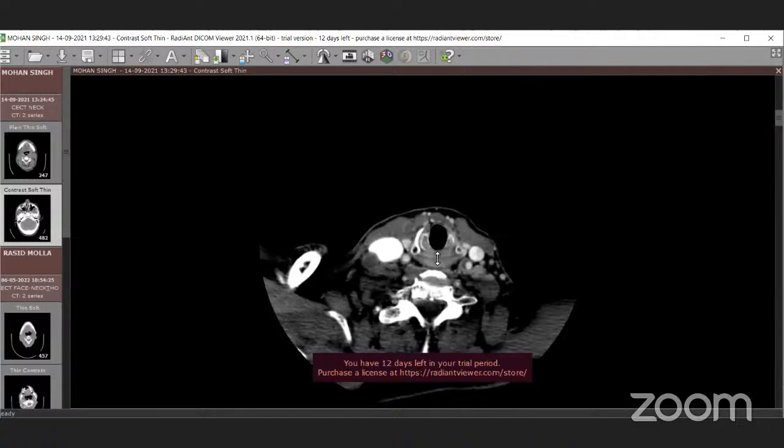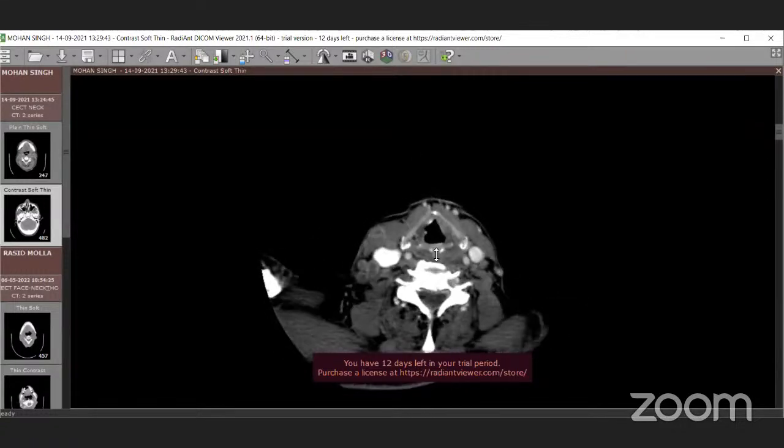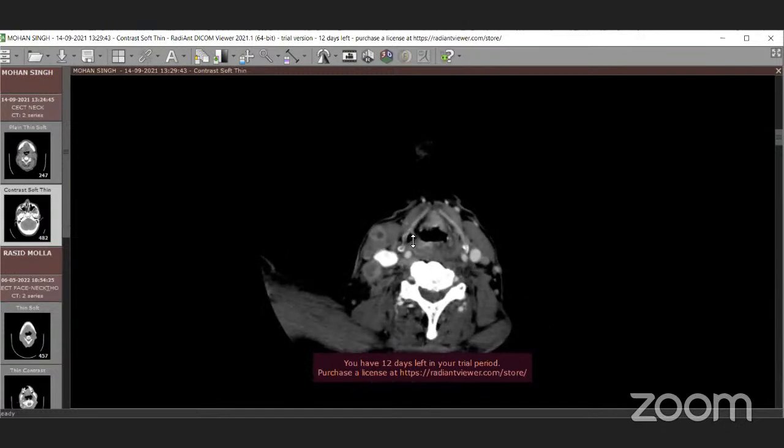So this is the postcricoid area, and this is the posterior hypopharyngeal wall. There's another third component of the hypopharynx, which is the piriform fossa. You have a triangular air-filled structure on either side. This is the piriform fossa.